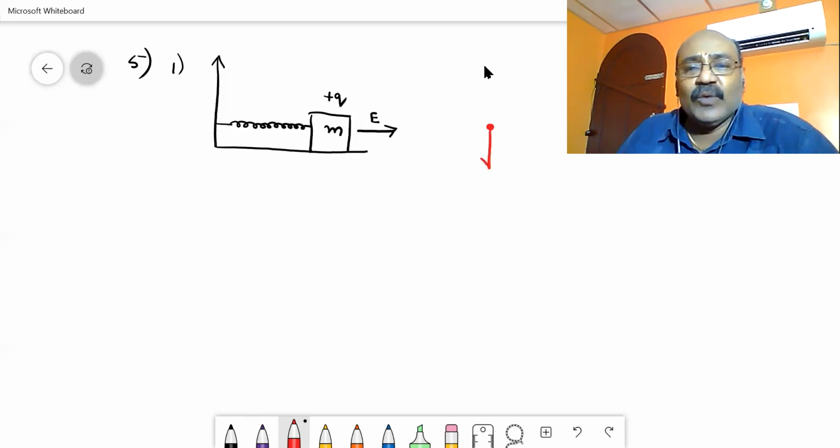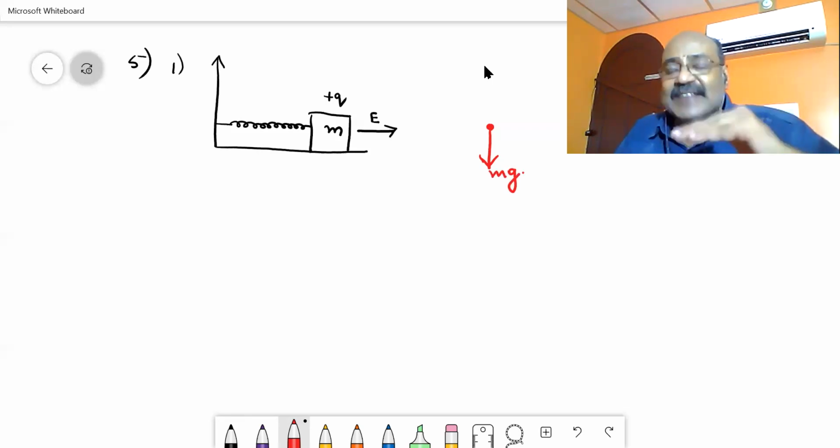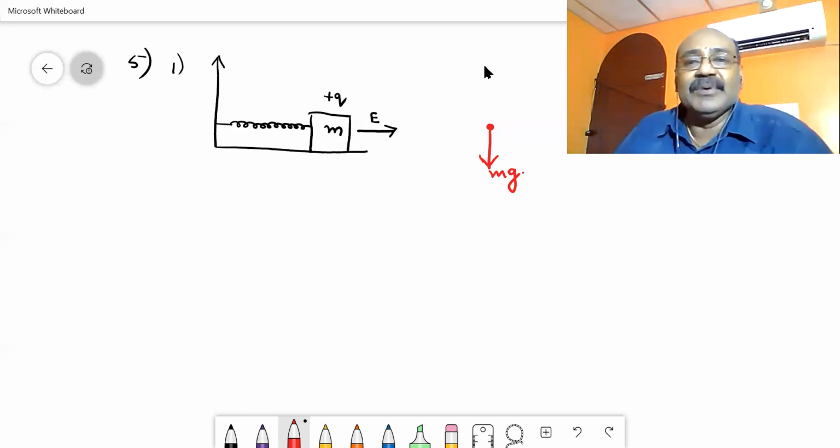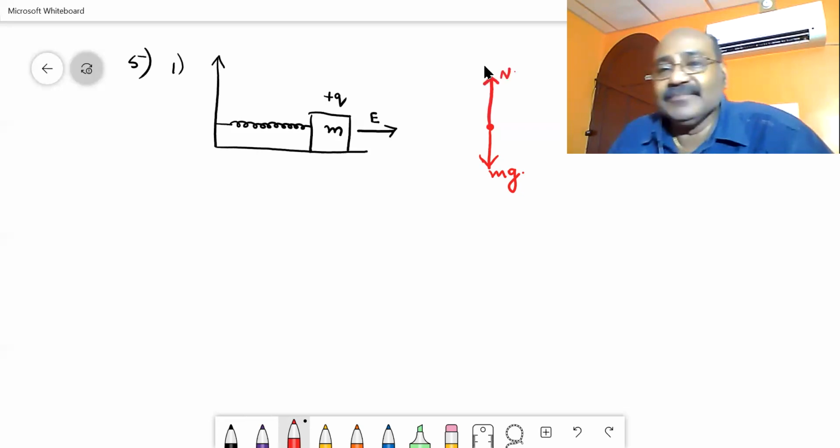So the gravitational force acting on the mass is vertically downwards. Then second one, the reaction force, otherwise called the normal force, is acting vertically up. So along the same line, you will be able to get the normal force N acting.